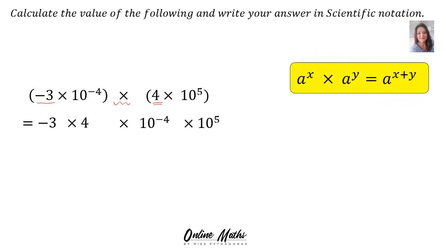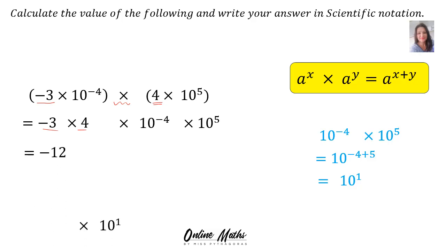Again, there's the law, when bases are the same and we multiply, we add exponents. Therefore, 10 to the negative 4 times 10 to the 5 will be 10 to the minus 4 plus 5, which is 10 to the 1. And then in terms of the numbers, we will say negative 3 times 4 is negative 12 times 10 to the 1. But now you must be careful.